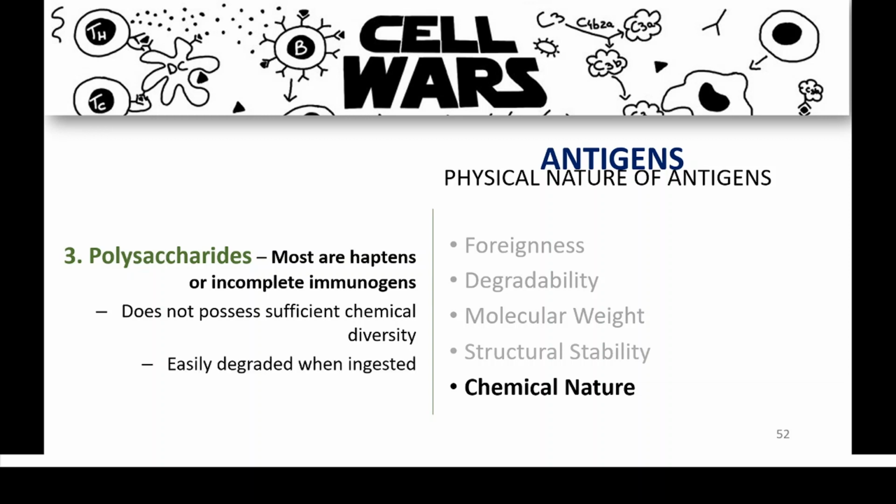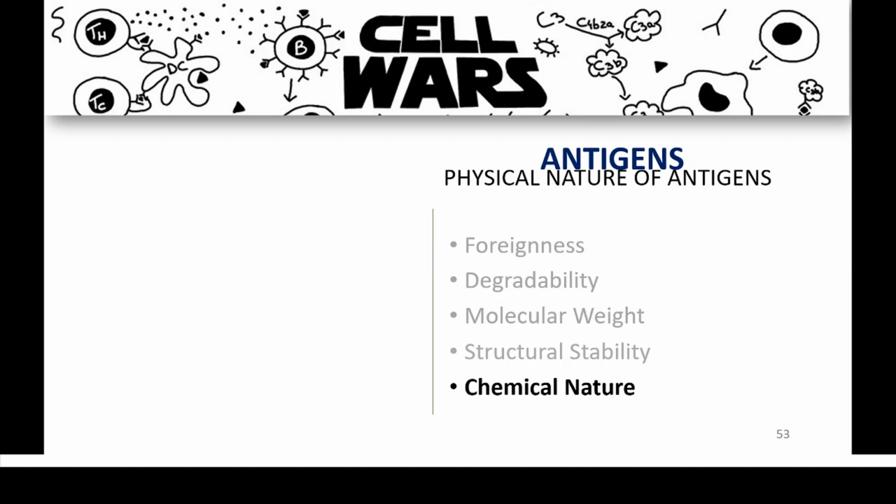Likewise, they are also easily degraded. But when polysaccharides are coupled with proteins, they become immunogenic. For example, glycoproteins. Glycoproteins are made up of a polysaccharide and a protein.